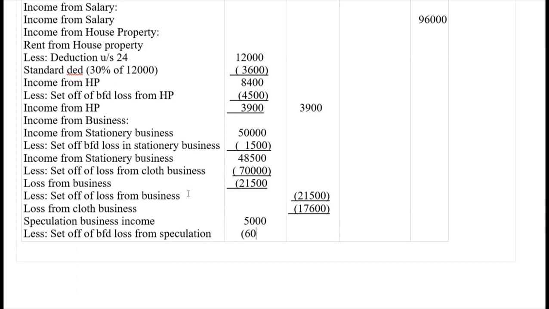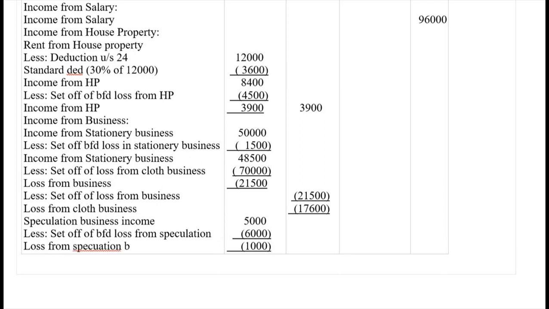The brought forward loss here is rupees 6,000. So still there is loss from speculation remaining here, 1,000, which will be carried forward. So loss from speculation will be carried forward to the next assessment year here.